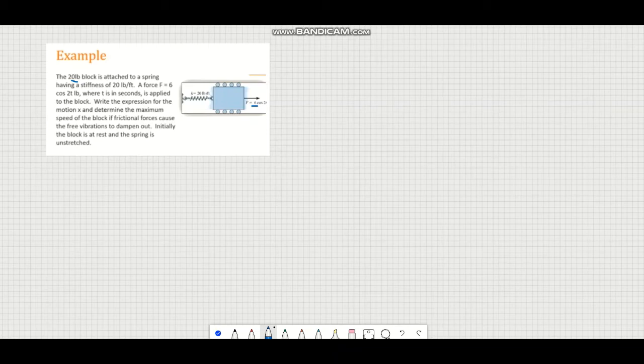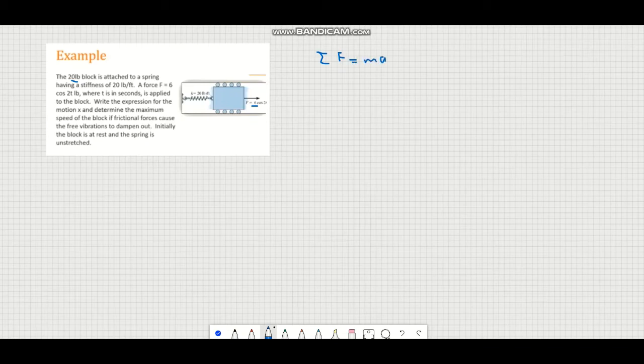We know how we are going to set up the equation of motion for the spring vibration with a force. Let's use again Newton's second law, which is F is equal to ma, which is the equation of motion.